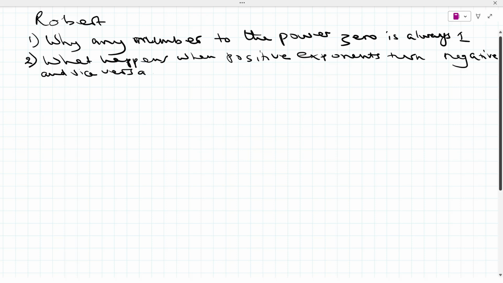Now, we will explain why any number to the power zero, or with an exponent value of zero, is always equal to one, using an example. Let's assume you are given a number like 2 to the power 4.